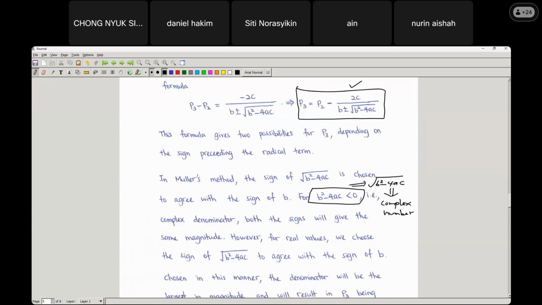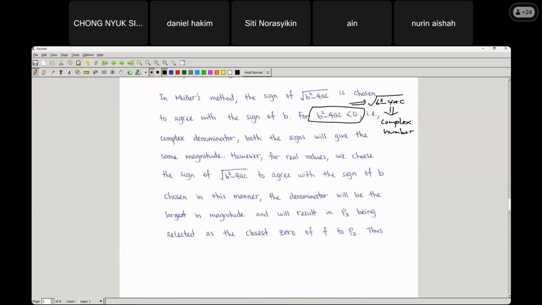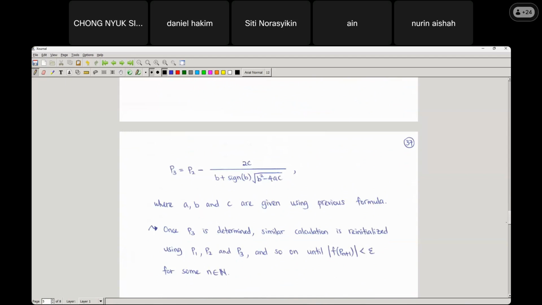Let me summarize. You have to remember this formula. This is the final formula that you need to remember, so I put a star. Now, how do we define the sign for the square root? Do you choose positive or negative, to cater for the problem of the complex root?